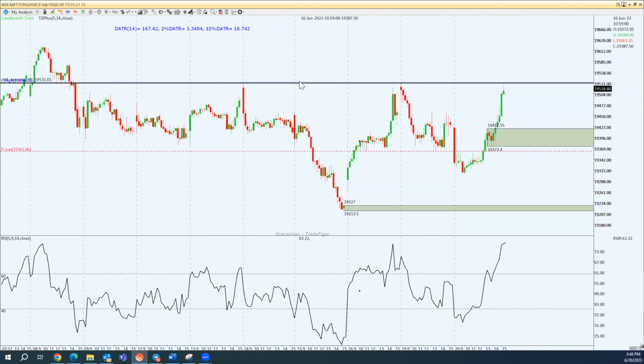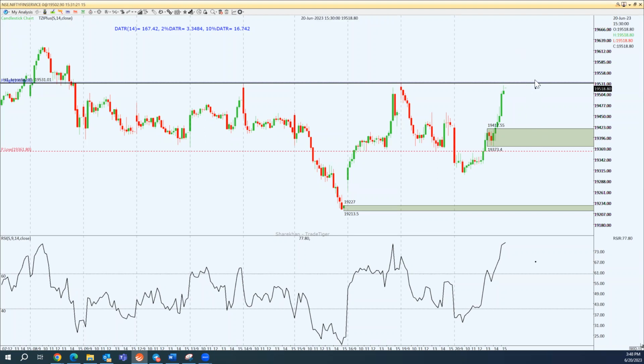So it has to break these levels. If it breaks this level tomorrow, and if you see it taking support around the previous high, that is one area where we can go long, and the stop loss should be just below this. So if price goes above and while coming back, this is where we should go long. But remember, if there is any red candle cutting through, don't enter. Wait for it to come till this demand area.